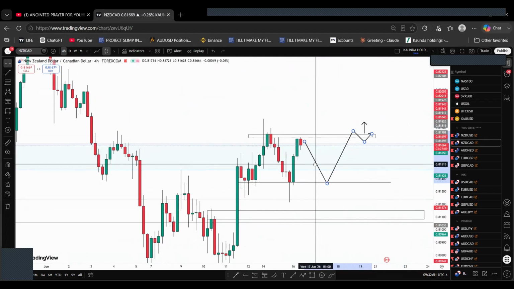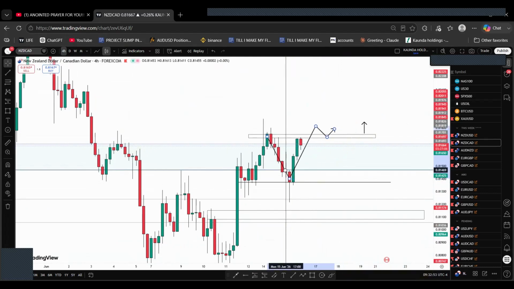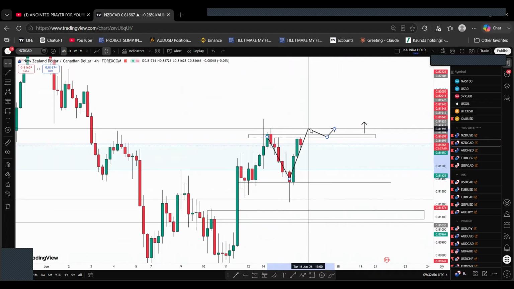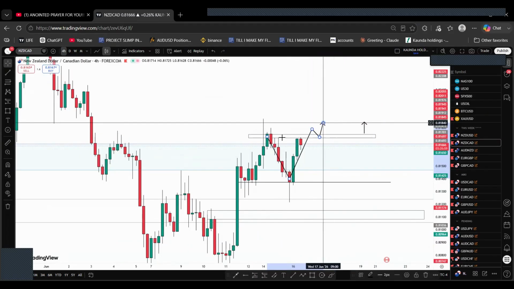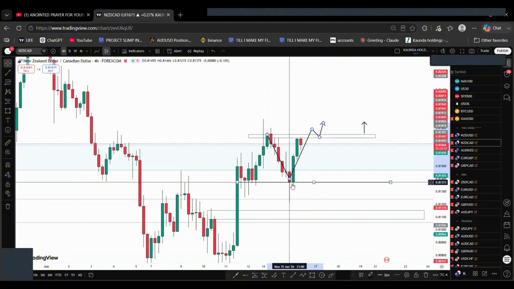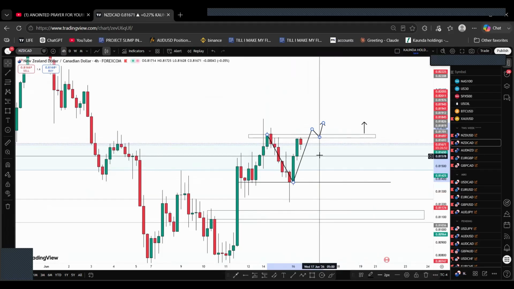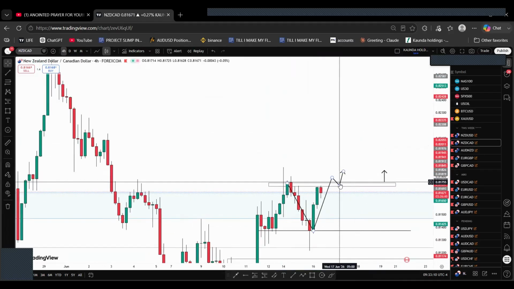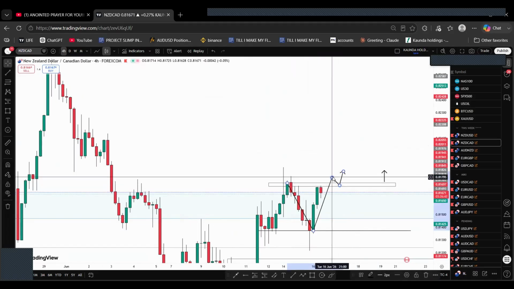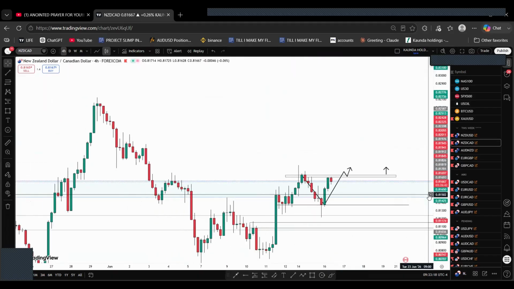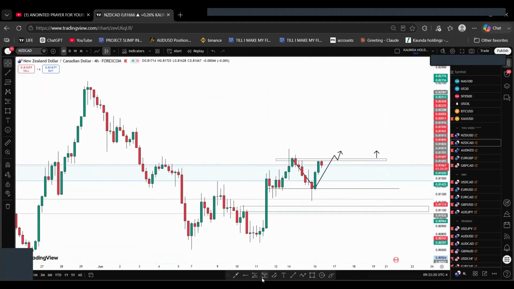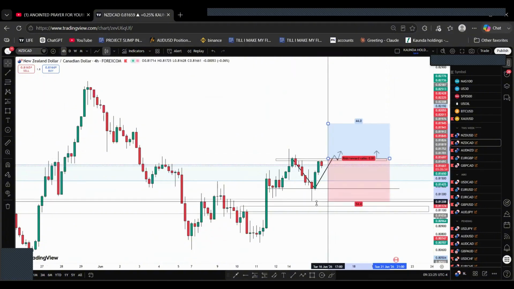Why? Because if price breaks and we test and then engulfs, we can buy here, but the one bad part is our stop loss, guys, has to be all the way here.